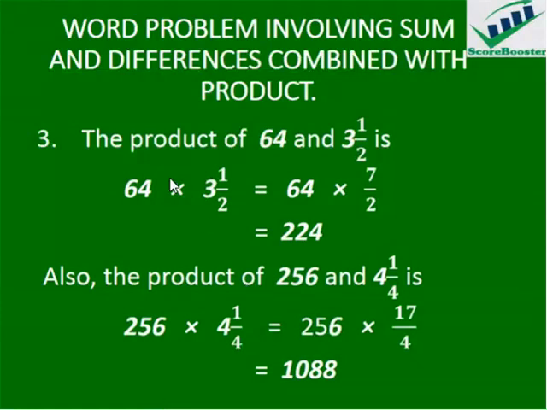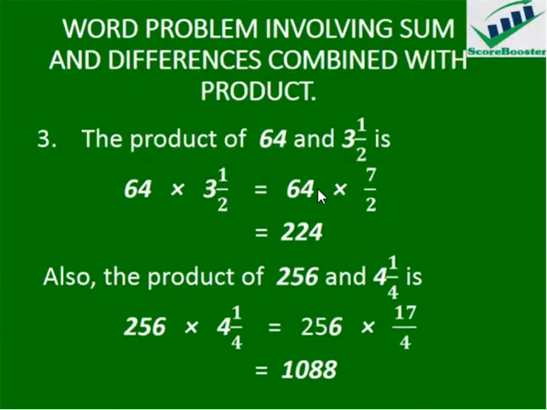So here, look for the parameters on which you are going to carry out the sum operation. The first thing is the product of 64 and 3.5. You convert this to an improper fraction like I taught. This is the numerical expression for this statement: 64 multiplied by the second number, 3.5. You change this to an improper fraction.